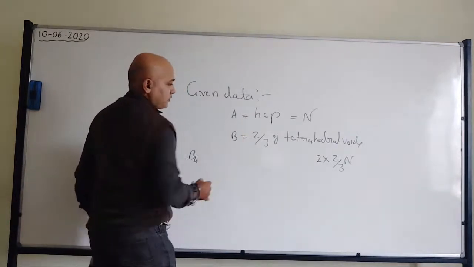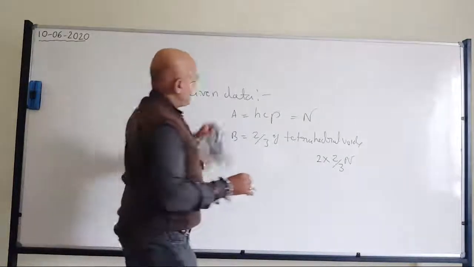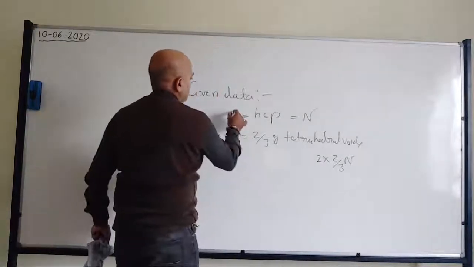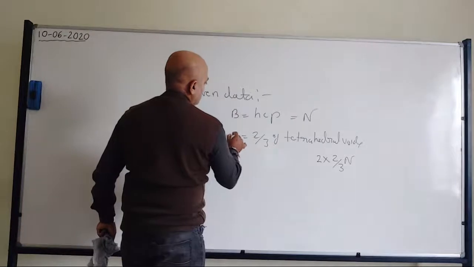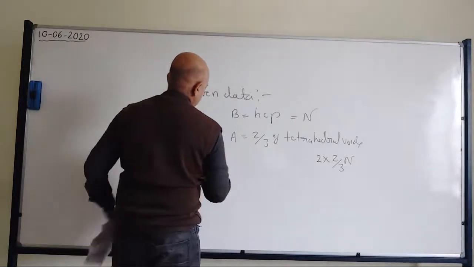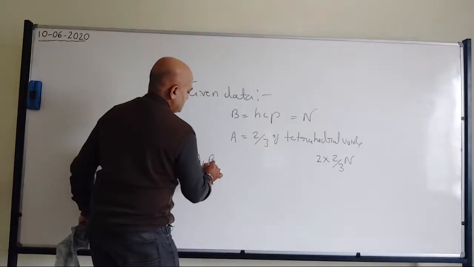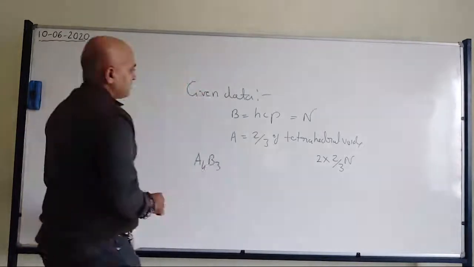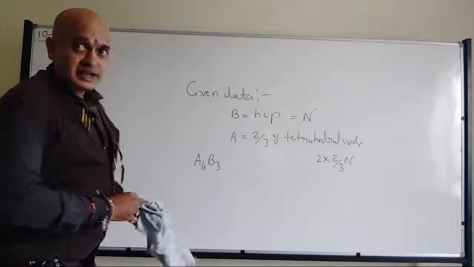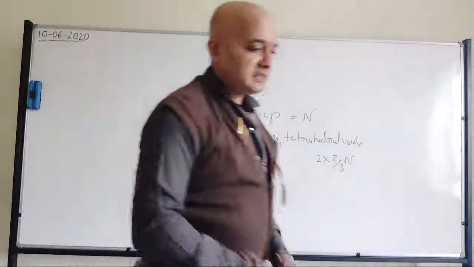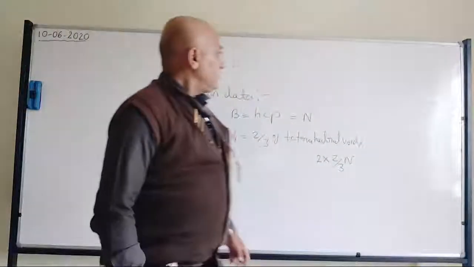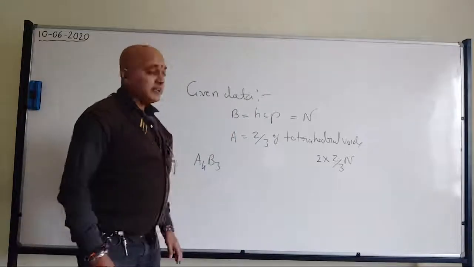But I have written it like that. Okay, then B occupies HCP and A occupies the voids, so it will be the same. The final answer will be the same. While writing, I wrote it reversed, so the final answer will be the same.